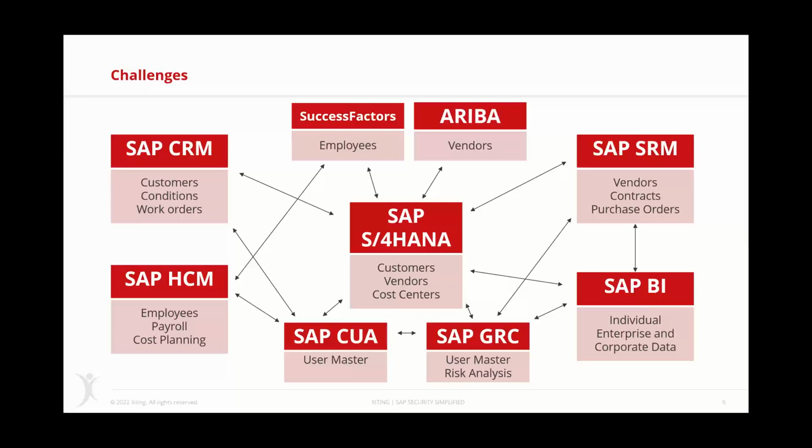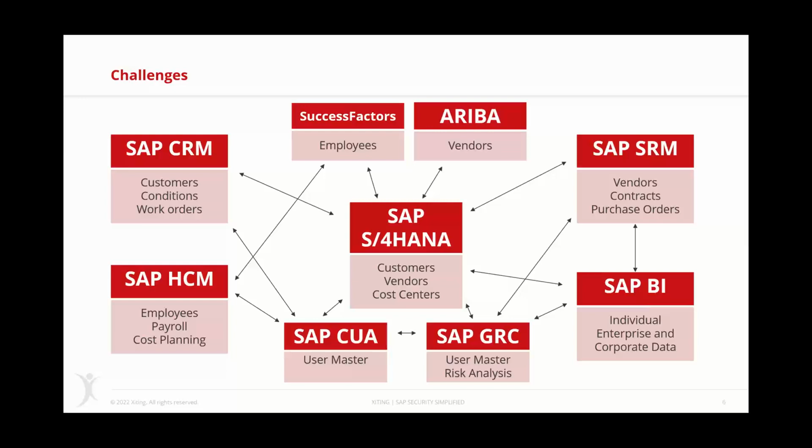Here I just, not a very nice, a little bit of an ugly slide, but I think you see what I want to mention here. A lot of customers, or pretty much every customer, has more than one system. We have our core ERP, be it ECC or S/4HANA, where we store different information.